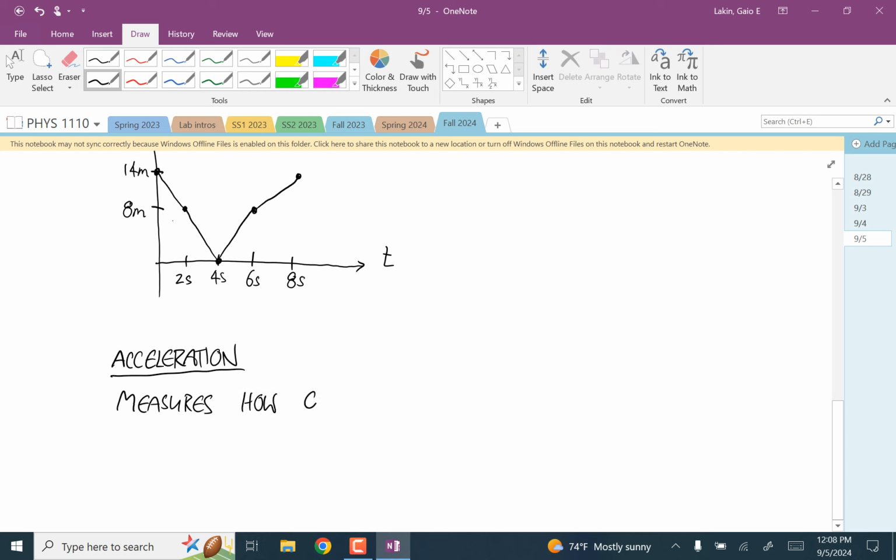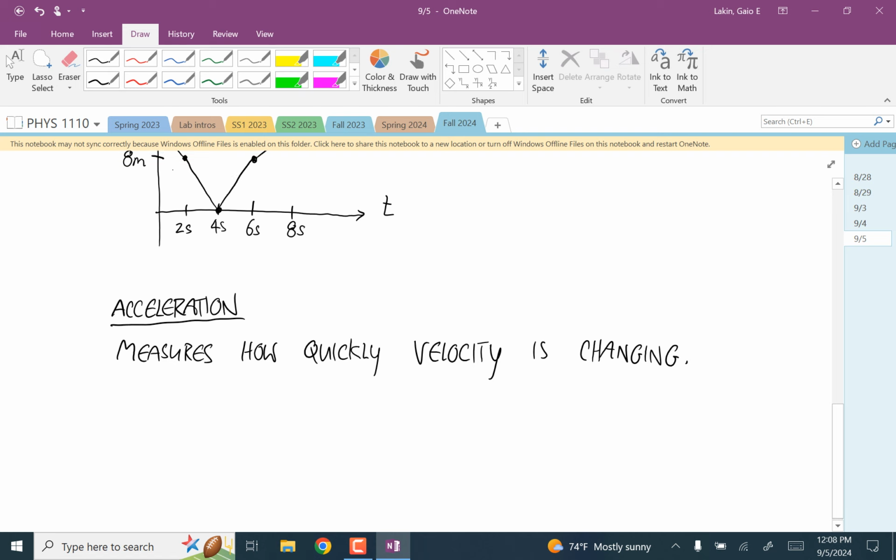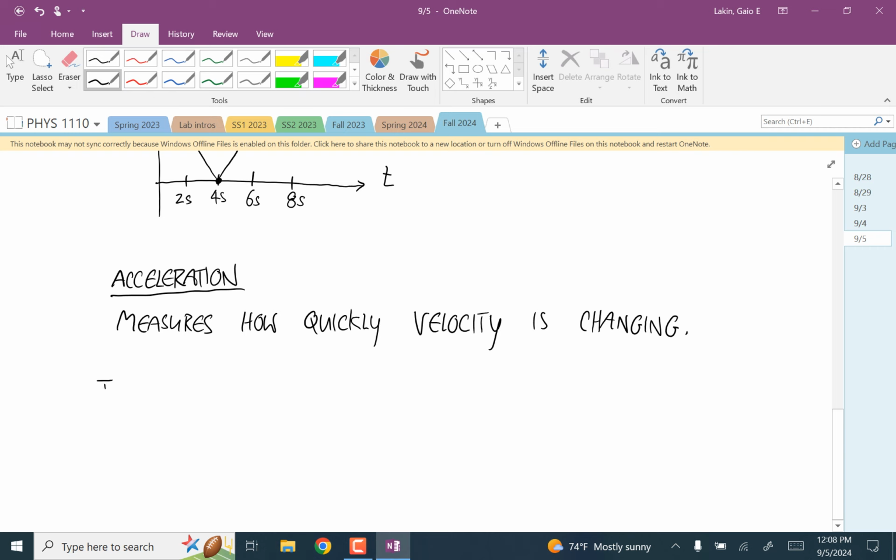Acceleration measures how quickly the velocity is changing. And there's one thing to notice, you should remember these as kind of synonyms of each other.